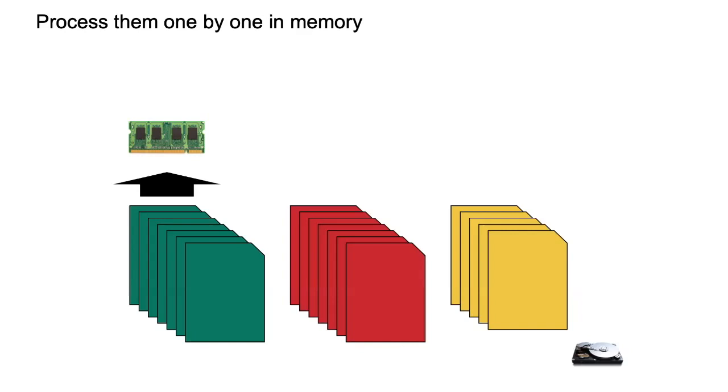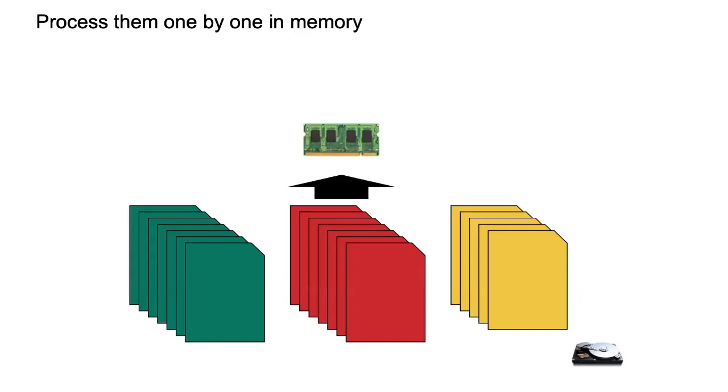So we take this first batch and then we build the term document pairs, so the postings. We just sort them, do whatever we need to do, and come back to the details later, but we just deal with that first batch as if it were the only batch at all, right? The rest of the collection doesn't exist right now. And then we go ahead and proceed with the second one.